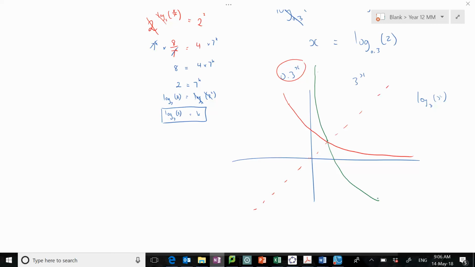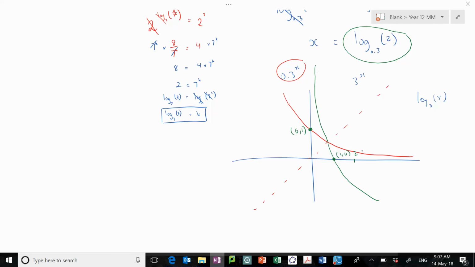See, when x is 0, y is 1. So this is what I mean by looking at the properties here. We know that this is 0, 1, then this has to be 1, 0. So when you say log base 0.3 of 2, 2 has to be over here, because that's where 1 is. If this is where 1 is, when x is 1, then at x equals 2, what's my y value?